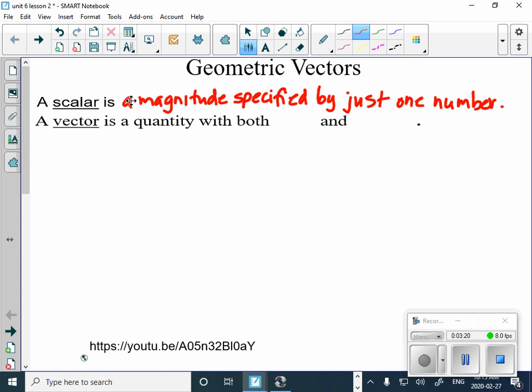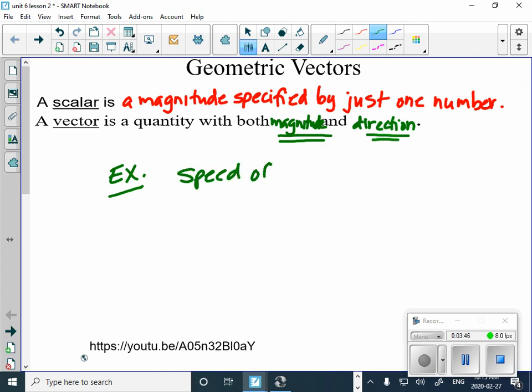But a vector, on the other hand, has both magnitude and direction. And that line was poor planning on my part. Both magnitude and direction. For example, the speed of my car this morning is exactly 80 kilometers an hour. That is a scalar. It is a singular number.